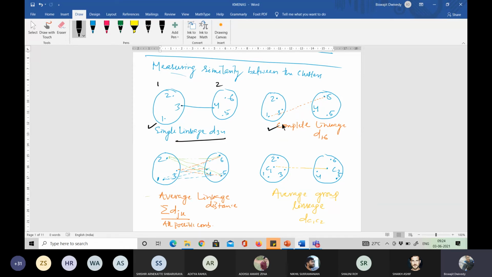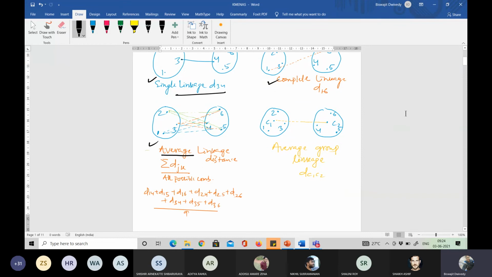All these distance values, or similarity measures, are calculated based upon the distance between different cluster points. Next, average linkage distance, which, as the name suggests, is an average. Here we calculate all possible distances between the cluster points, and after that we take the average of them.